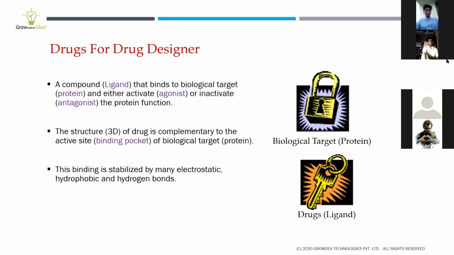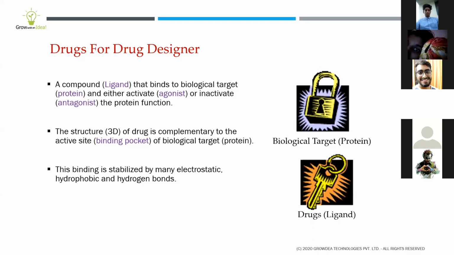But just to understand, you can consider the biological target protein as a lock, and the drug as a key, which is responsible for opening the lock. So there is a physical interaction between lock and key, and then there is the function of the key to open the lock. So you can take it as an example that proteins are locks and drugs are keys for those locks.